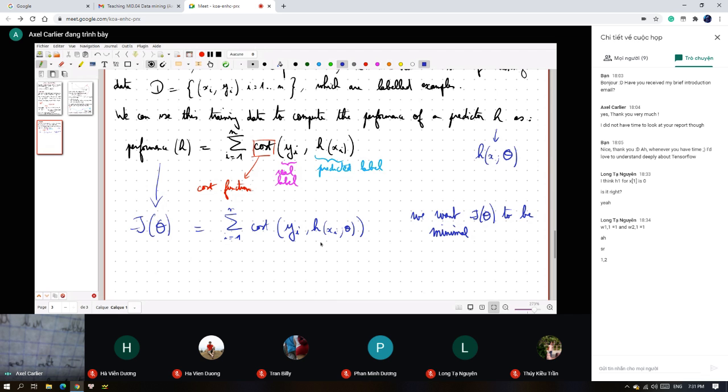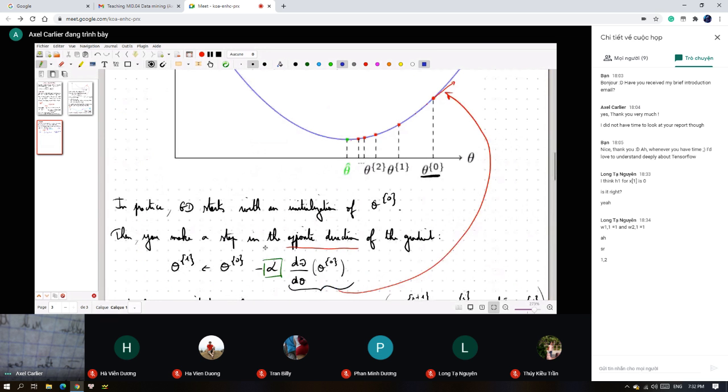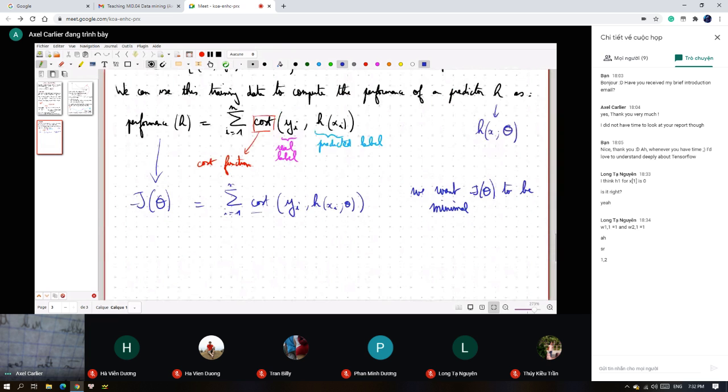Minimizing this means that we want to find the theta that parameterizes the predictor such that our predictions on the test set are almost perfect. And how do we do this? We do this using gradient descent. That's where we're going. But first, we have to define what the cost functions are, what good cost functions are for our problems.